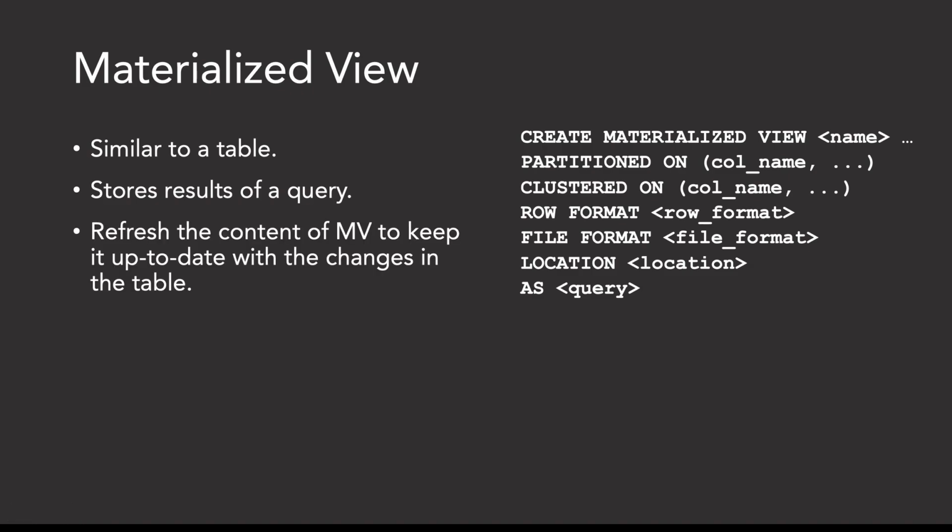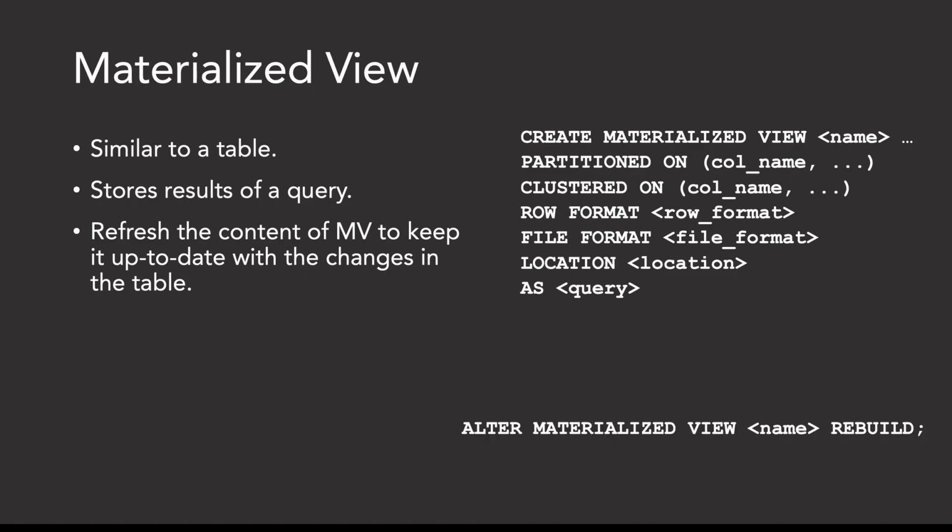After creating the materialized view, which has been created from a table, let's say the table gets updated, you have new records or old records which have been deleted, etc. Then you have to refresh the content of the materialized view to keep it up to date with whatever changes have been executed on the base table.